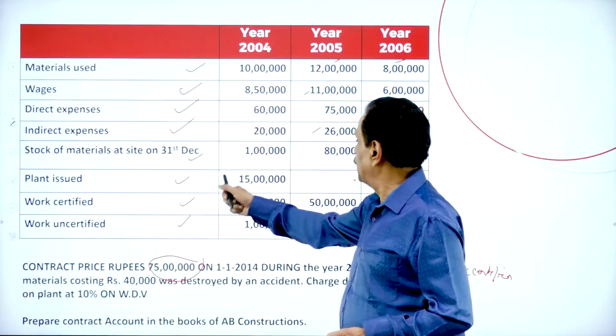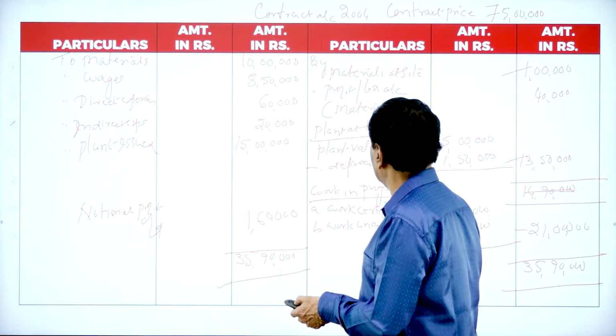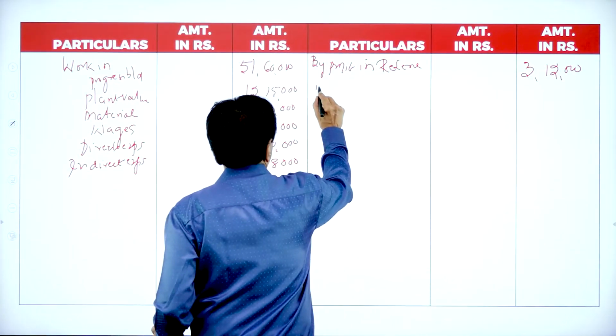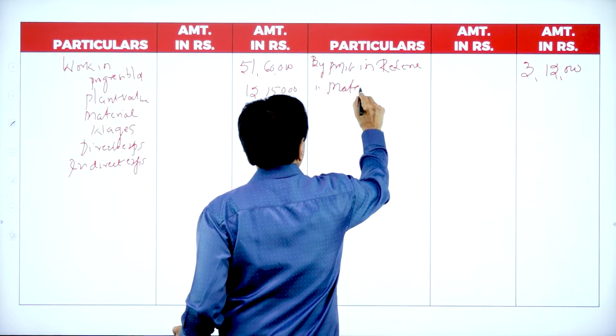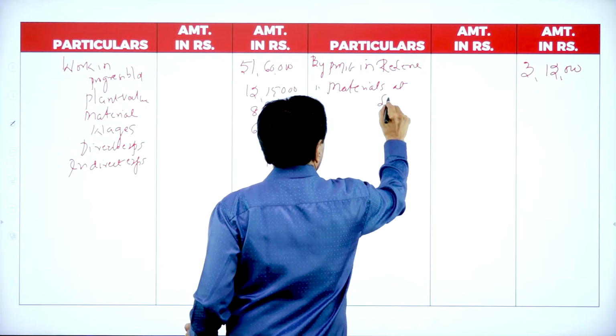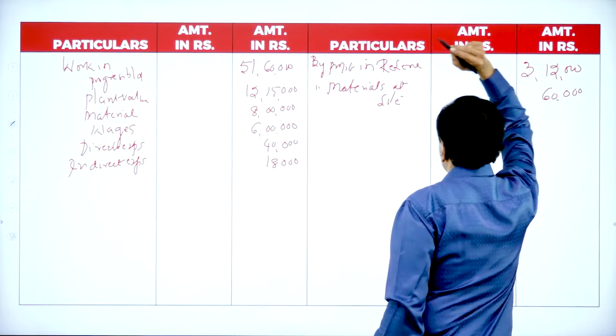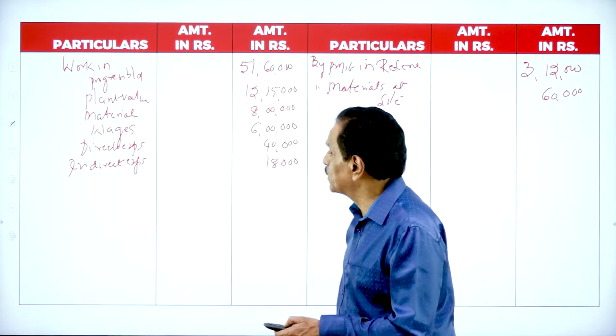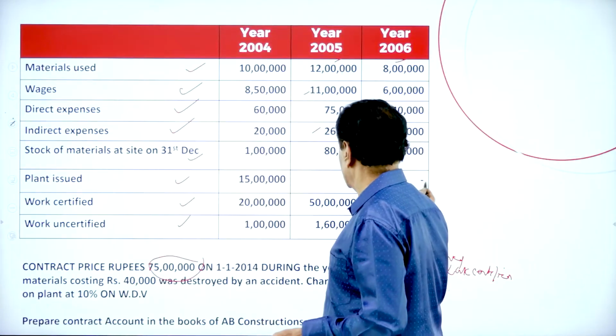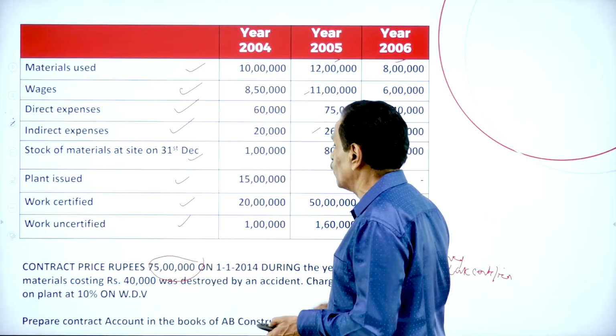What is the next one? Material at site, 60,000. Material at site, 60,000. What is the next one? Plant issued is not there. Work certified is full now.